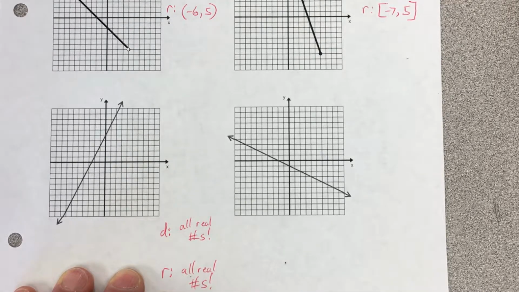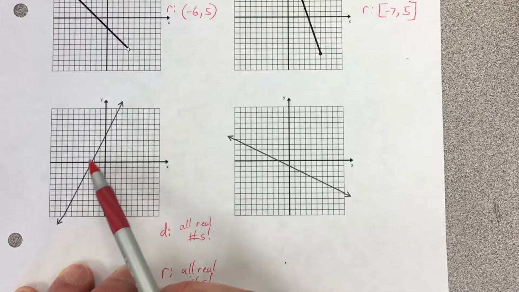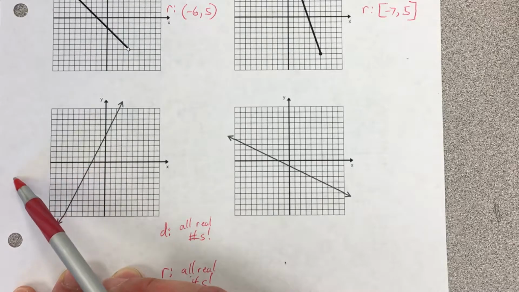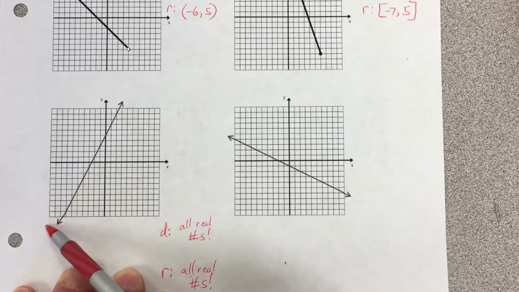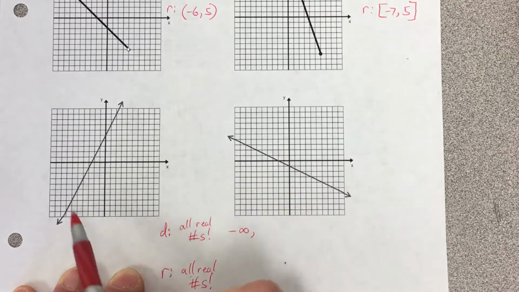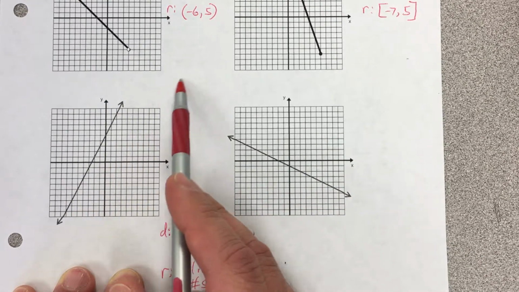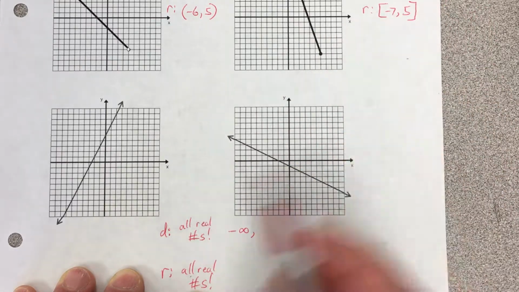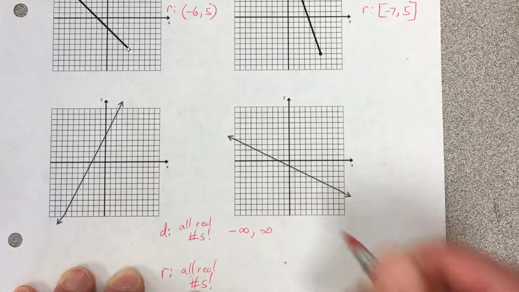We still use the parentheses and brackets sort of set up. But here's what's interesting about it. My smallest x value is actually a number. It's negative infinity. My biggest x value, because this is going to go on to the right forever, is positive infinity.